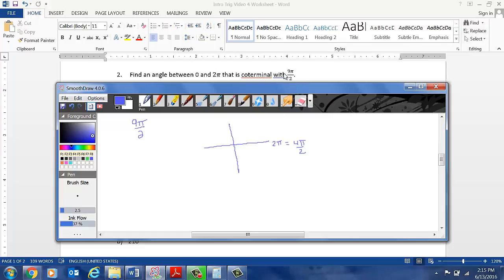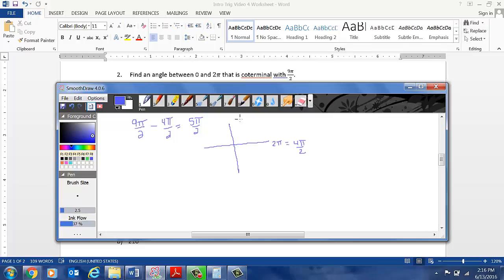So I'm going to subtract 2 pi until I come up with an angle that's in between 0 and 2 pi. So if I take 9 pi over 2, I'll subtract 2 pi, or 4 pi over 2. So that gives me 5 pi over 2. Again, still more than one revolution.